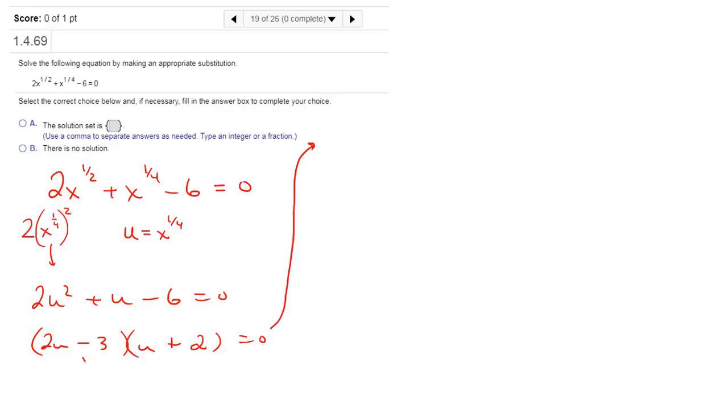Okay, let's go over here and solve each of these here. So for this one, I think you add 3 to both sides, divide by 2. That's cool. This one you just subtract 2. So we have the u solutions as 3/2, and the u solution is -2. We're going to back substitute this in, and then we're going to take powers.